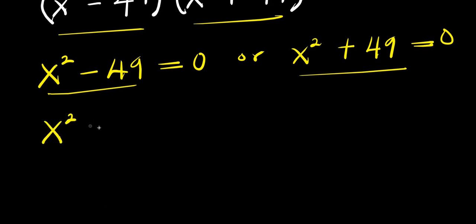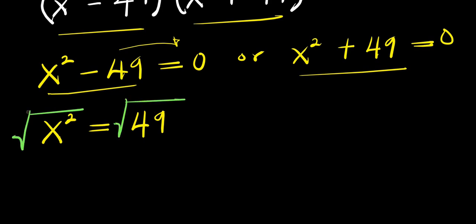We can have x squared equals 49. Moving this over here, and from here, I solve for x by taking the square roots. This eliminates this. I have x equals plus or minus 7.